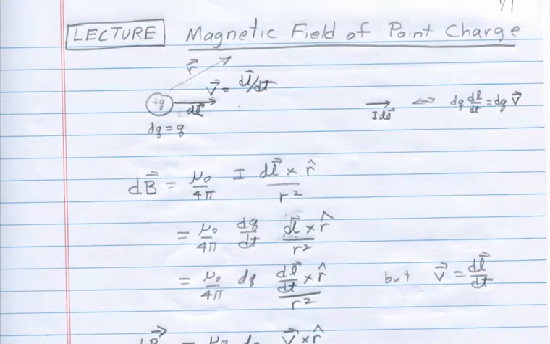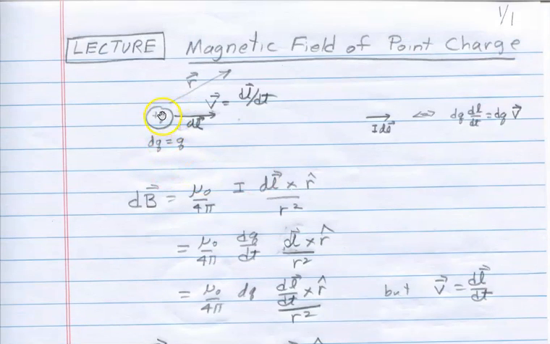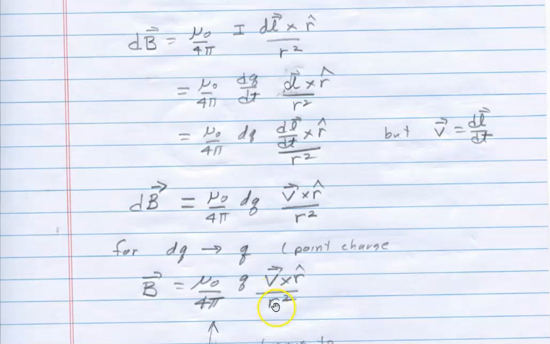If you look at the way I've got this, instantaneously this is the r vector, the point where I want the magnetic field produced by this charge. And so it's the distance I am away from it squared in the r hat direction, v crossed into the r hat direction.